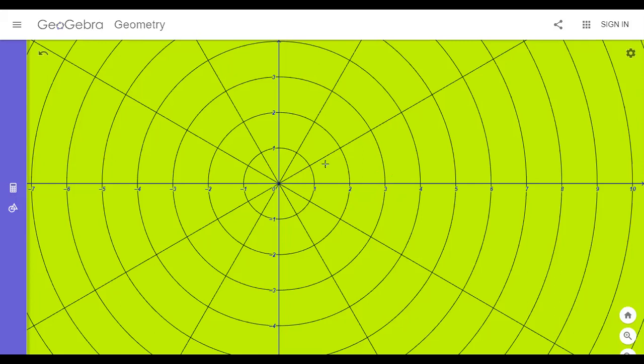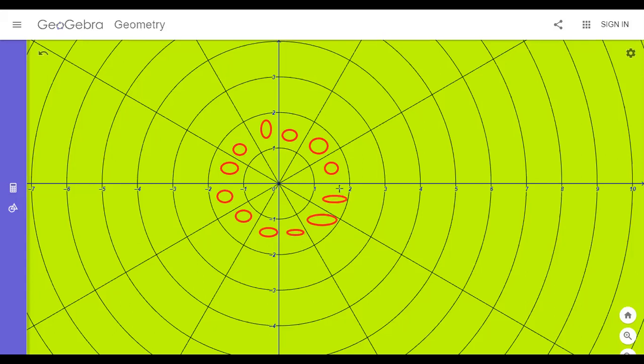Now in this graph, let me count the number of sectors. This is the first sector, second, third. Let me count how many sectors each circle is divided into. 1, 2, 3, 4, 5, 6, 7, 8, 9, 10, 11, 12.